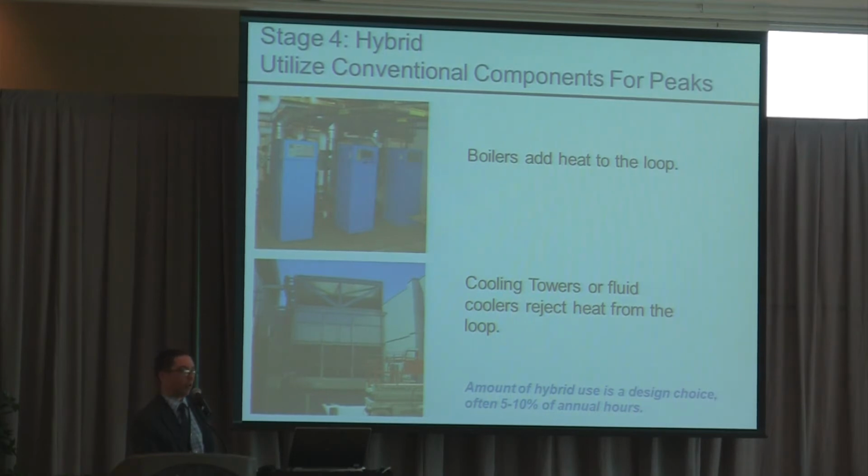So what that means is that especially with the diversity of a campus system, you can radically reduce the first cost of the system while still providing 90% plus of the cost savings through operational expense and the environmental benefit of the system.